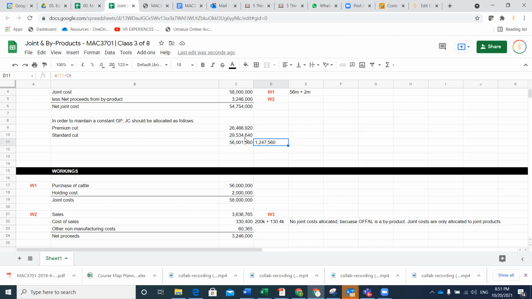The only question now is how much of this 1.2 do we allocate between the two products? But I first want to confirm. I don't want to just say stuff and then have to change it again. But that's most likely what's going to happen if I just think about general management accounting principles.